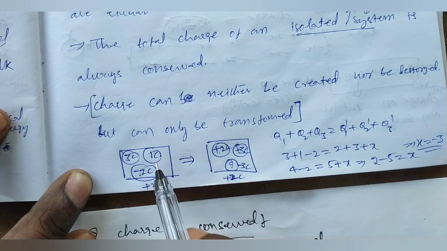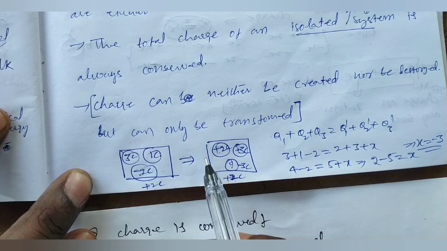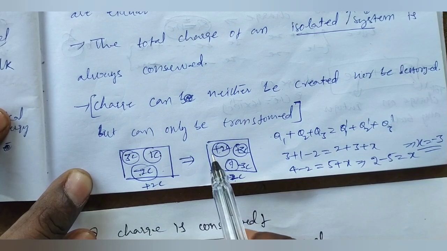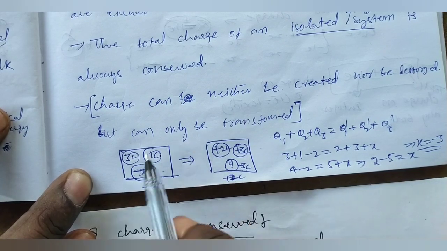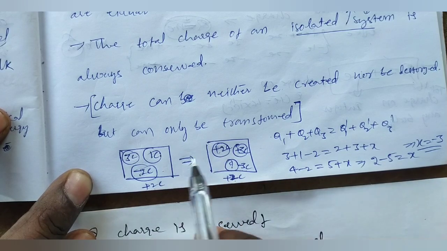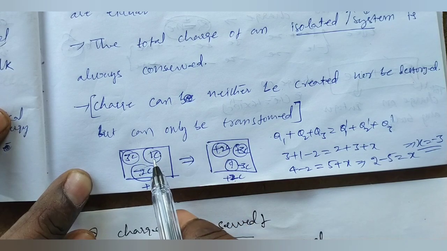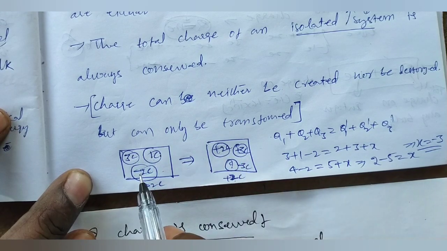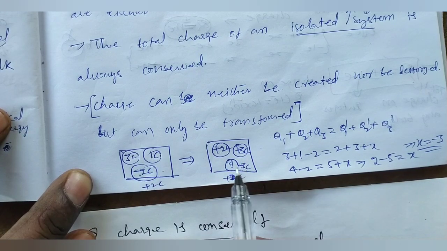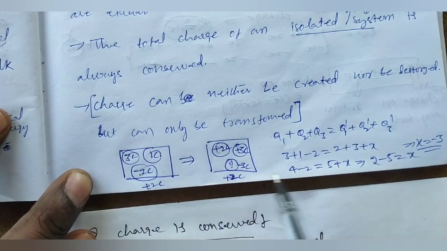The net charge is the same; no charge can be created or destroyed. Only this body can be converted into another body. By shaking, the 3 coulombs comes to 2 coulombs, 1 coulomb comes to 3 coulombs, minus 2 coulombs comes to minus 3 coulombs, but the net charge stays 2 coulombs.